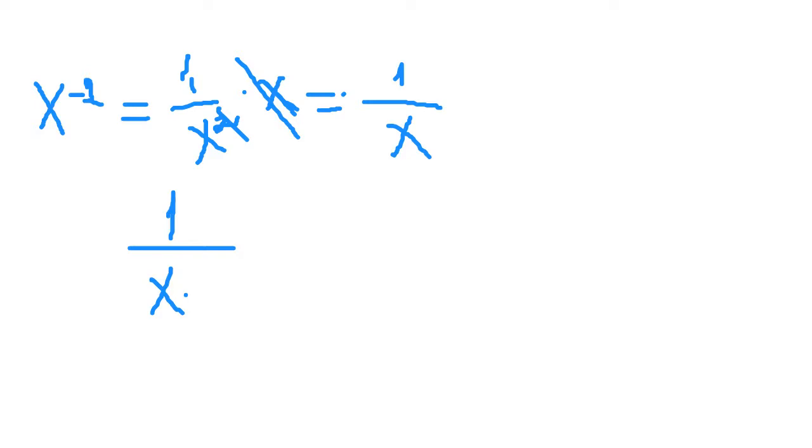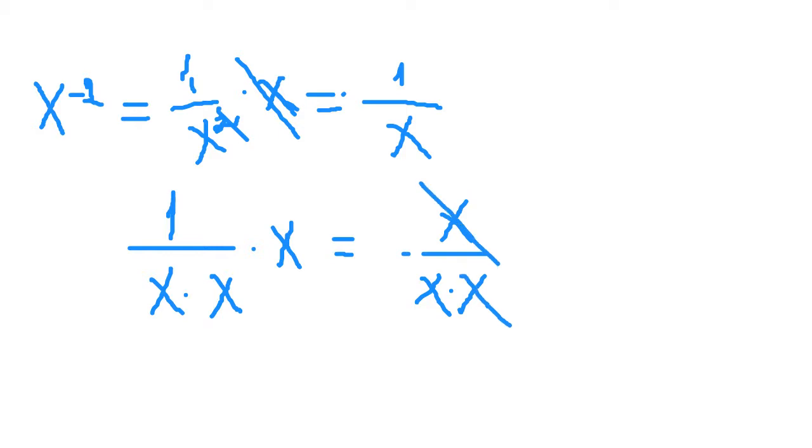It's 1 over x times x. Then you multiply x to that, and x and x cancel out, and it becomes this.